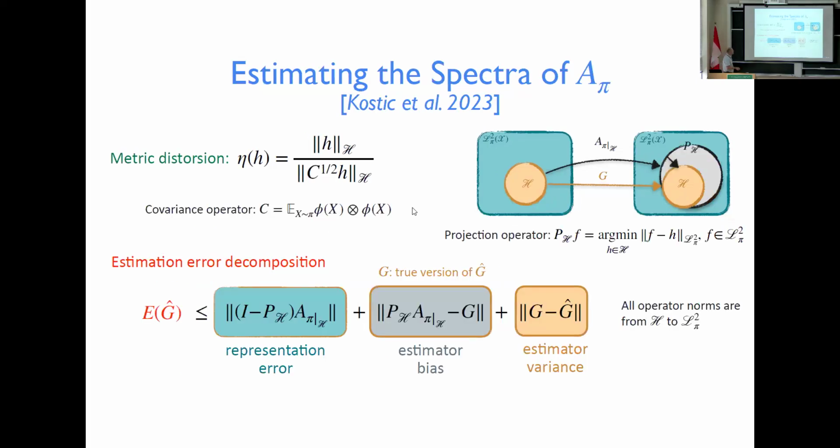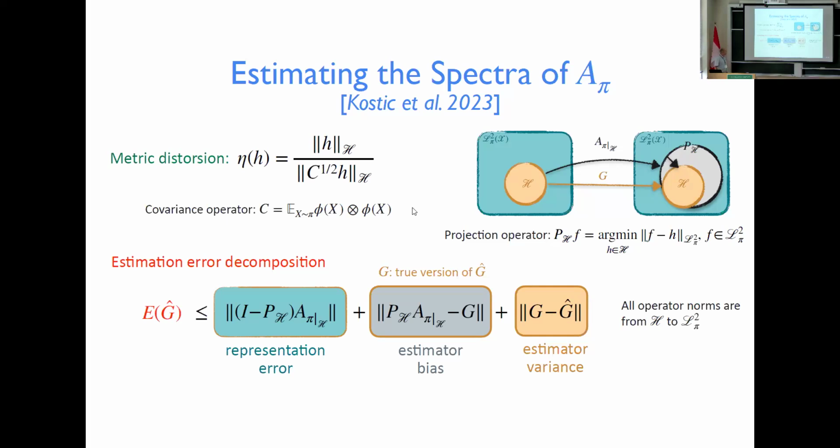So briefly, I want to tell you a little bit about how we bound these quantities. To control the metric distortion, you need to look at the covariance operator, right? The covariance operator is the expectation of the outer product of the feature mapping with itself.